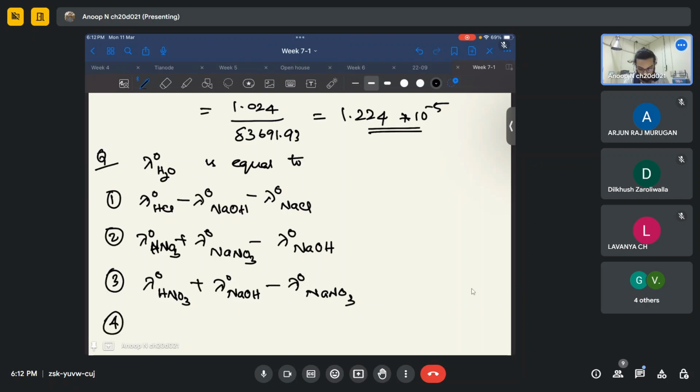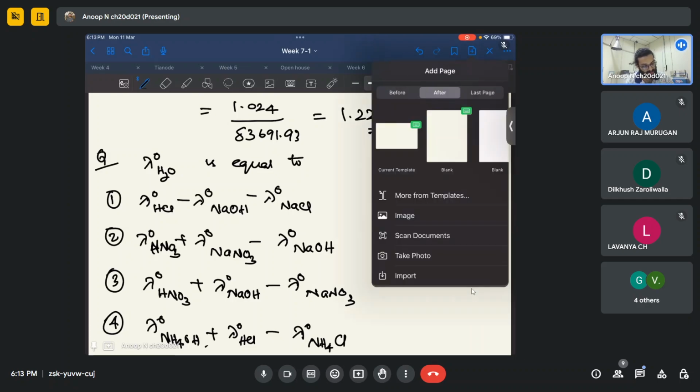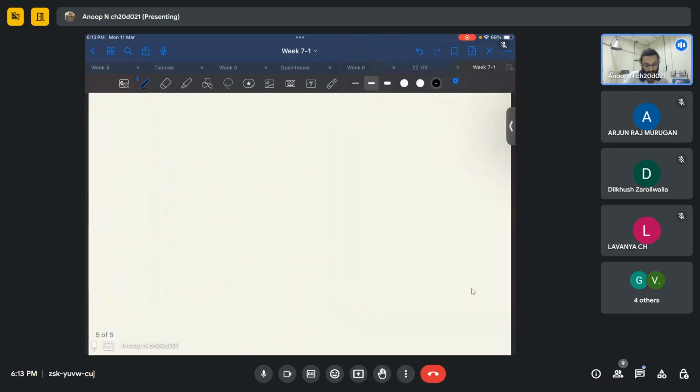Fourth option is lambda 0 NH4OH plus lambda 0 HCl minus lambda 0 NH4Cl. So first one we will just do here, then I'll see how you all approach it.